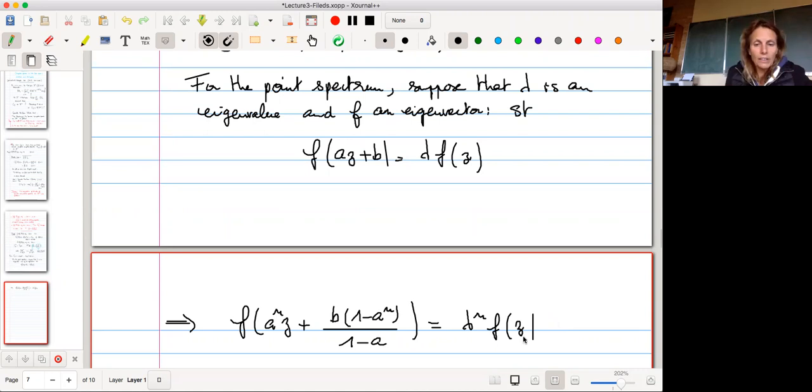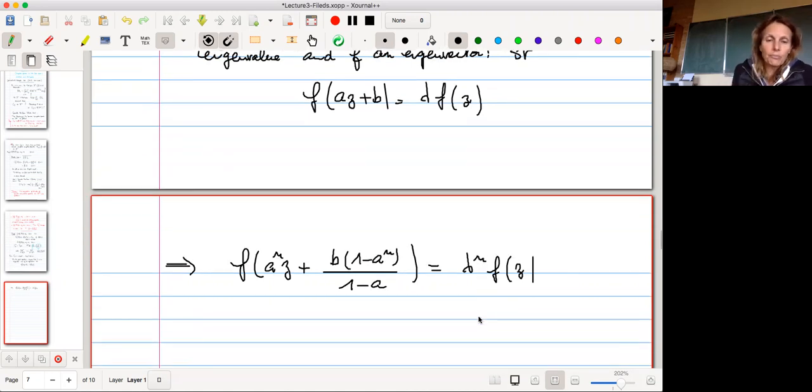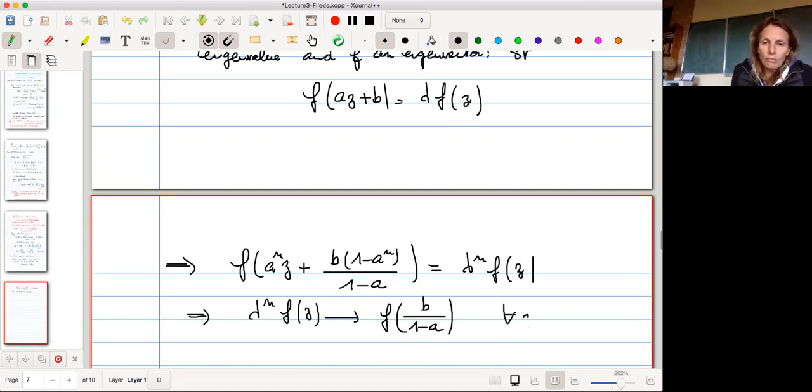So it implies that lambda n f tends to f at b over 1 minus a for any z.